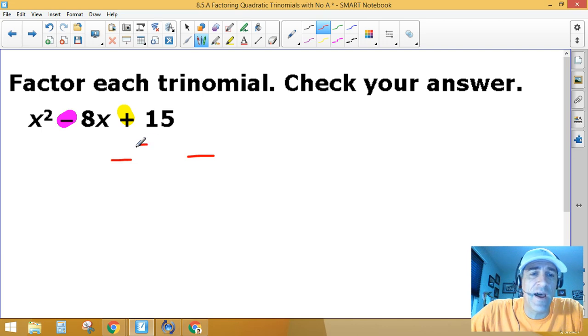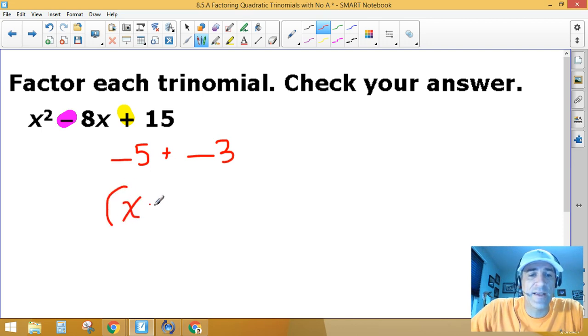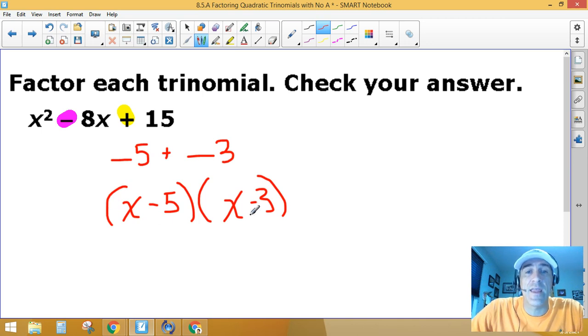Well, negative 5 and negative 3. If I multiply them, I get 15. Negative times negative gives me a positive. If I add them, negative 5 plus negative 3 is negative 8. So the factored form of this one would be a little bit different: x minus 5 and then x minus 3. Notice they're still both the same sign.